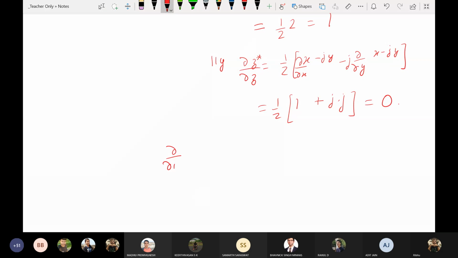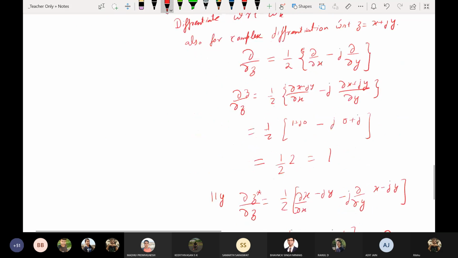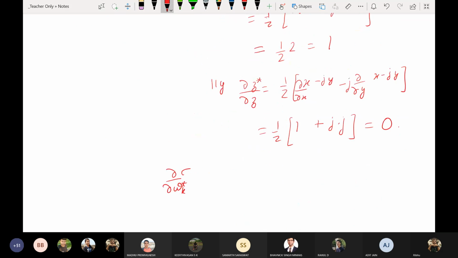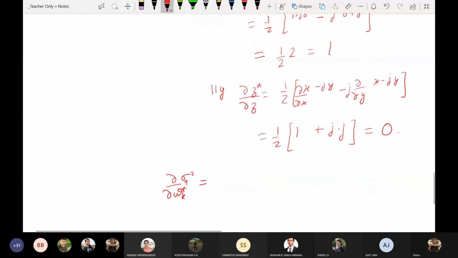So del by del wk conjugate of sigma eta square equals... the first term is directly 0, constant.